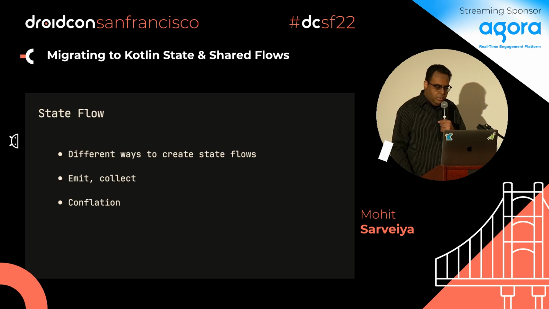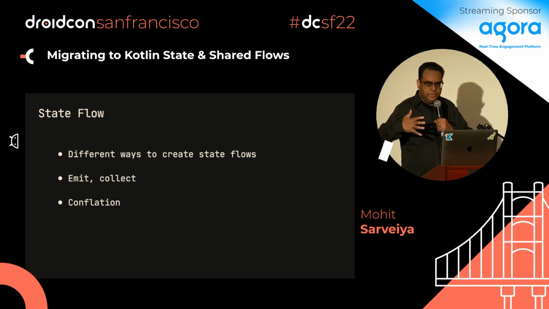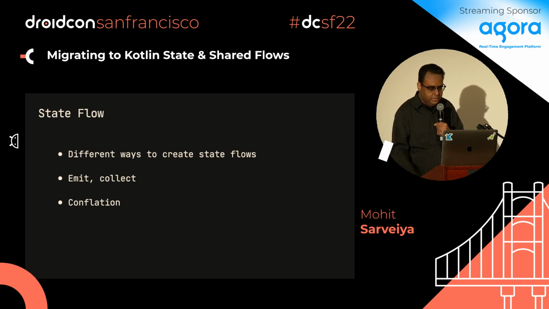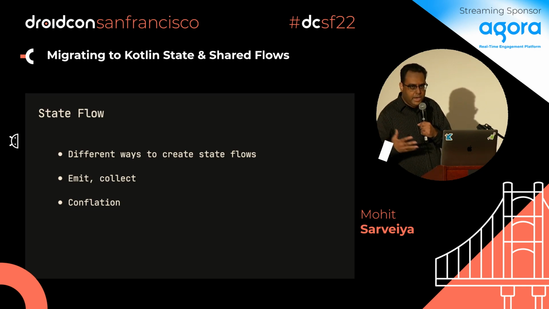What I'm going to show you are different ways that people set up state flows in their architecture, how to create a state flow, and the properties that it has.